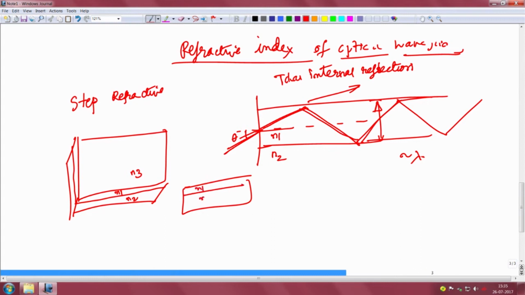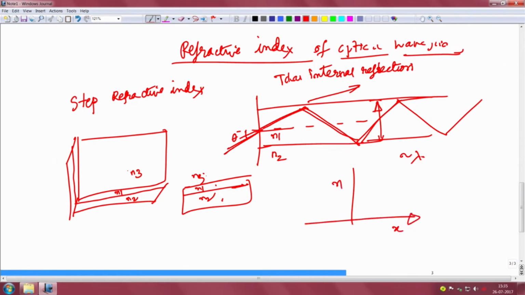So, n1, n2 and n3: this is the substrate, this is the film and this is the air, and the refractive index is constant in each of these regions. Such a refractive index variation is called the step refractive index, and the waveguides are called step index waveguides.